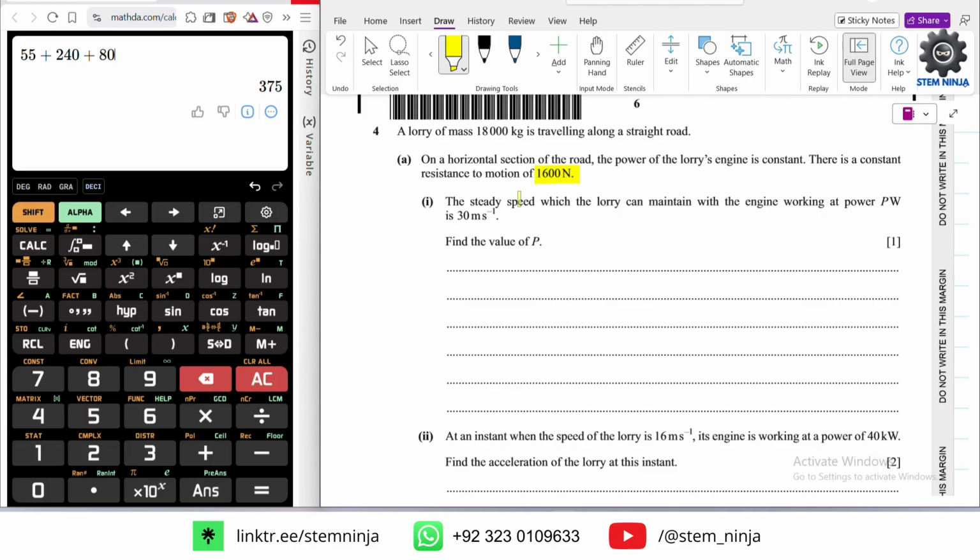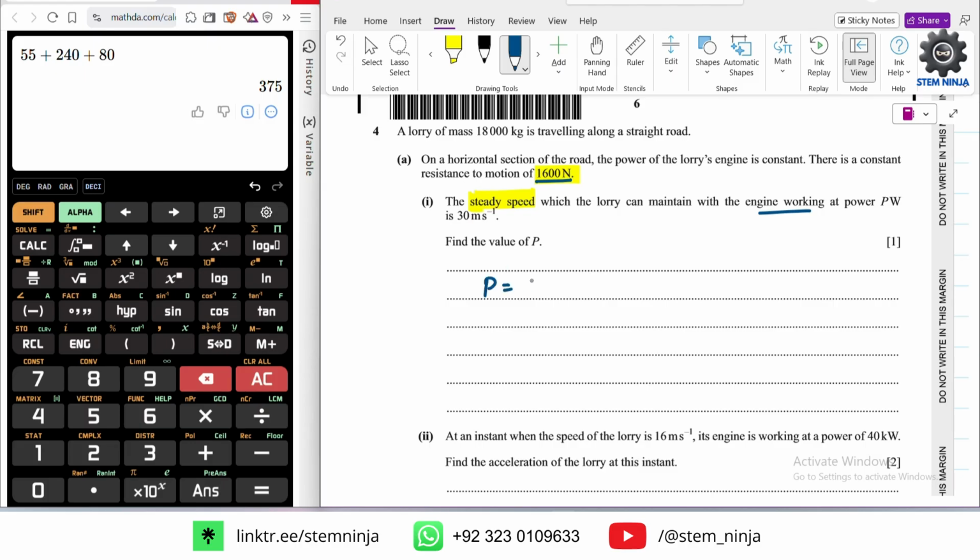Okay, so steady speed means there is no resultant force. So the engine power would be equal to the power worked against the resistance to motion. So this would be just simple.